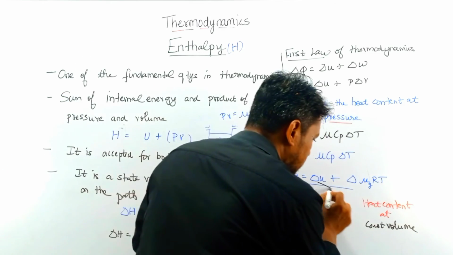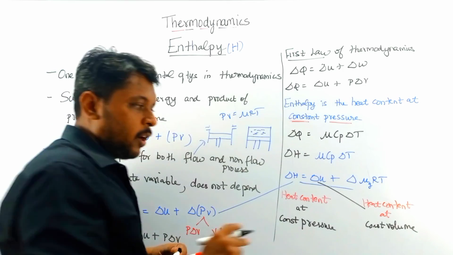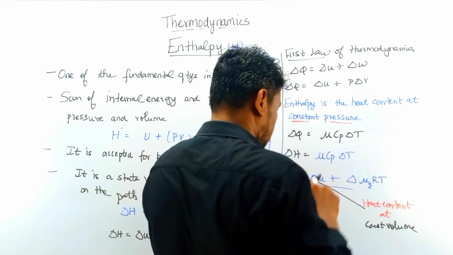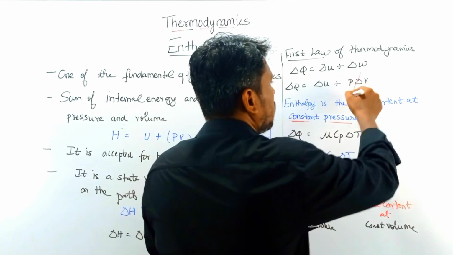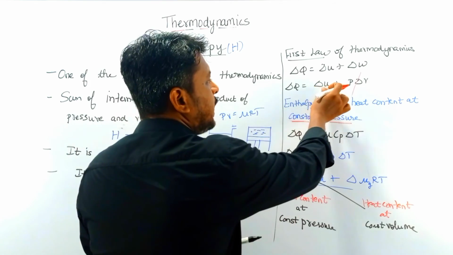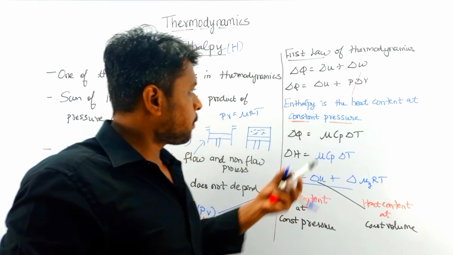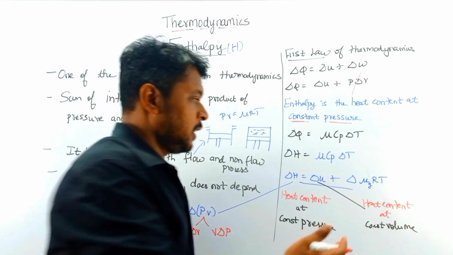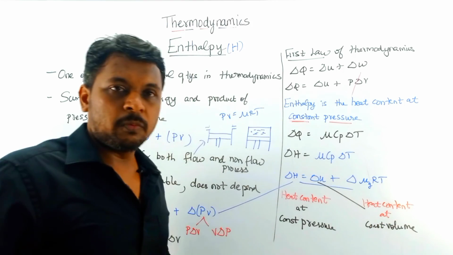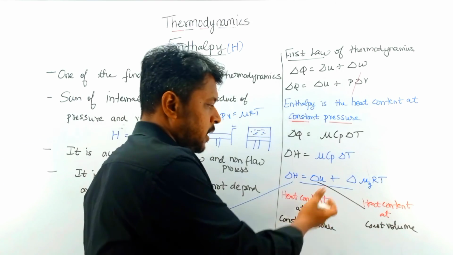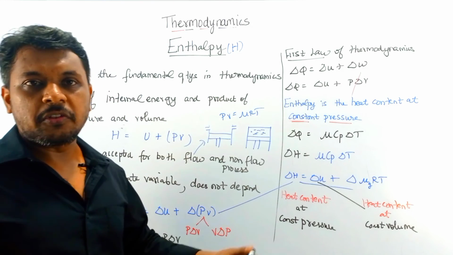That is nothing but the change in internal energy, because at constant volume the value of P into delta V becomes 0. So the heat content is nothing but your internal energy. So delta H is the heat content at constant pressure, and delta U is the heat content at constant volume.